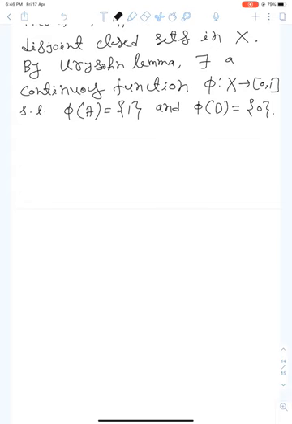Now again we define a continuous function psi(x) is just phi(x) times g(x). So why is psi continuous? Because phi is continuous, g is continuous, and psi is the product of these two functions.